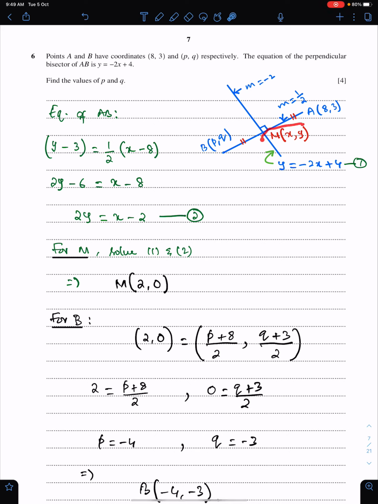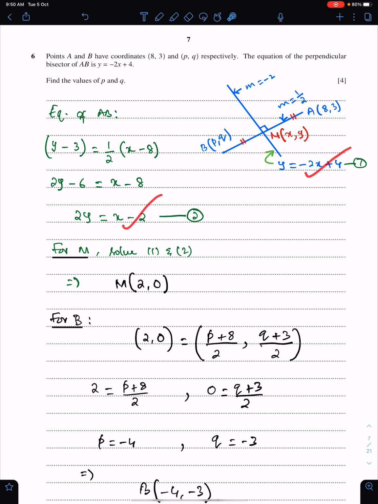And for M we must have the equation of AB. So first work out the equation of AB. We have the gradient of AB, we have A, so we can get the equation of AB, which is this. Now for M, we need to solve this equation and this equation simultaneously. By solving them simultaneously, we get M, which is 2, 0.